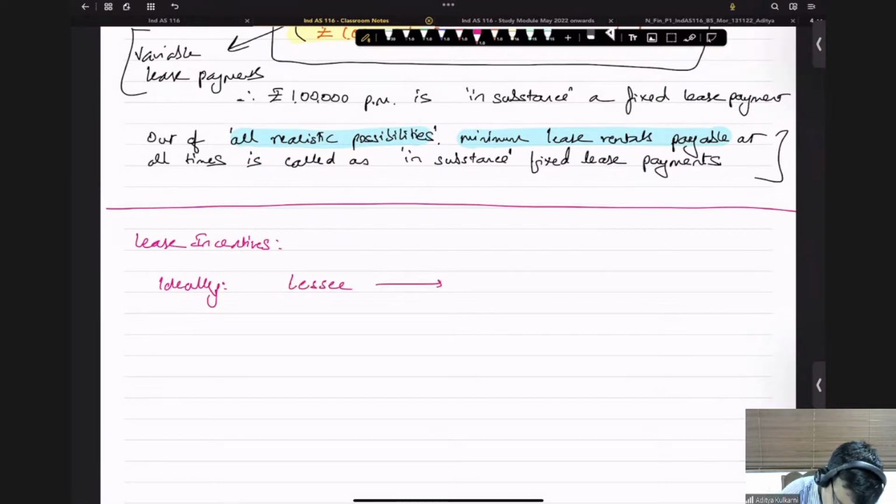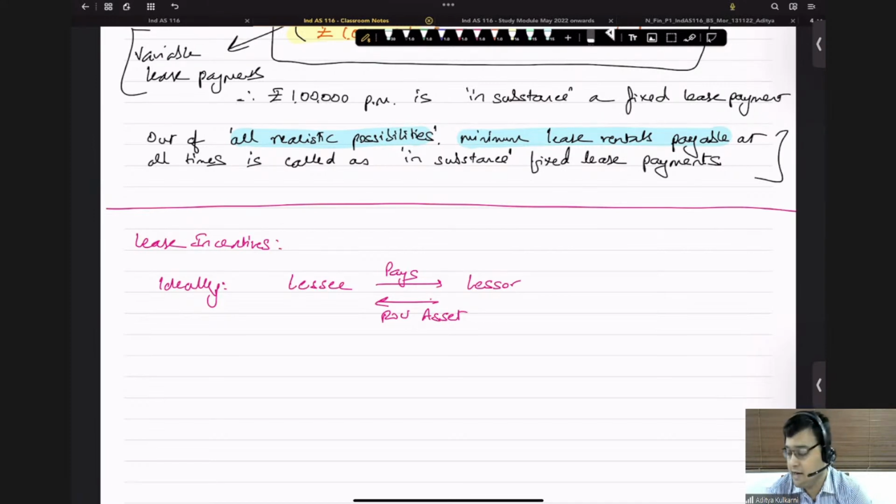Lessee should pay to the lessor for the ROU asset. Ideally, this should be the case because lessor gives the asset, lessee makes the payment to the lessor. Sometimes it may so happen that the lessor is trying so hard to put his property on lease. Lessor is trying very hard.